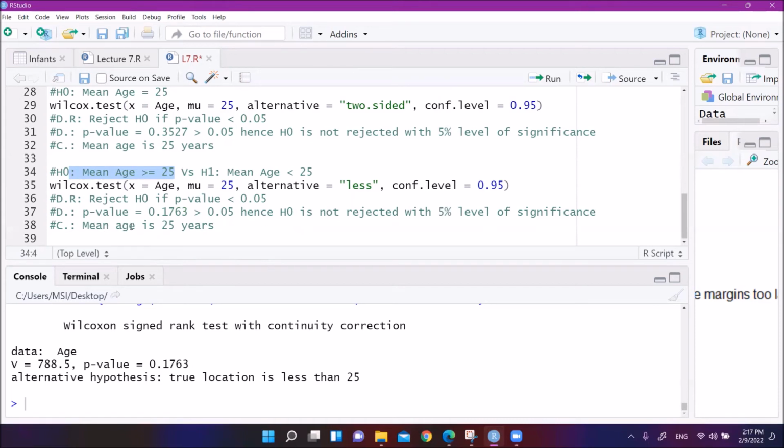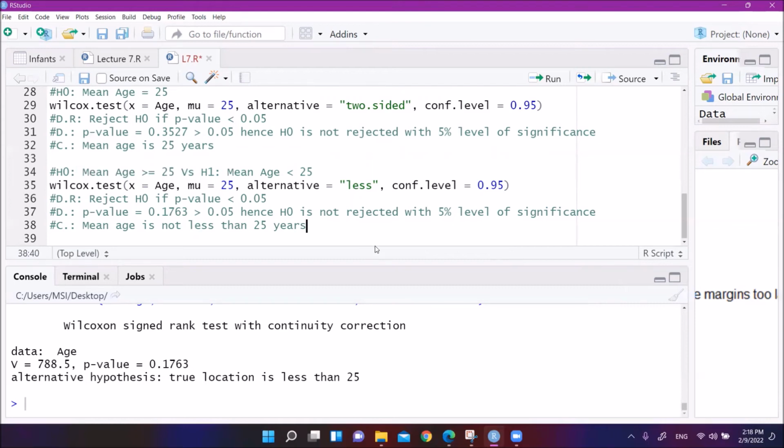You can say mean age is greater than or equal to 25, but to make it sound natural in English, you can say mean age is not less than 25 years. So you can say not less than, because this is less than, so it's not accepted, so you can say it's not less than 25 years.